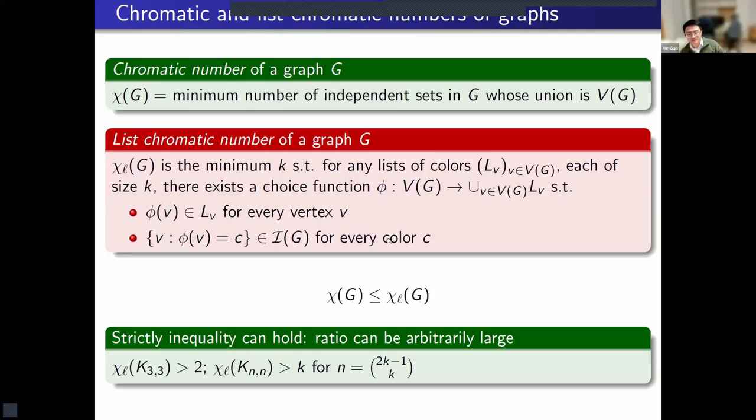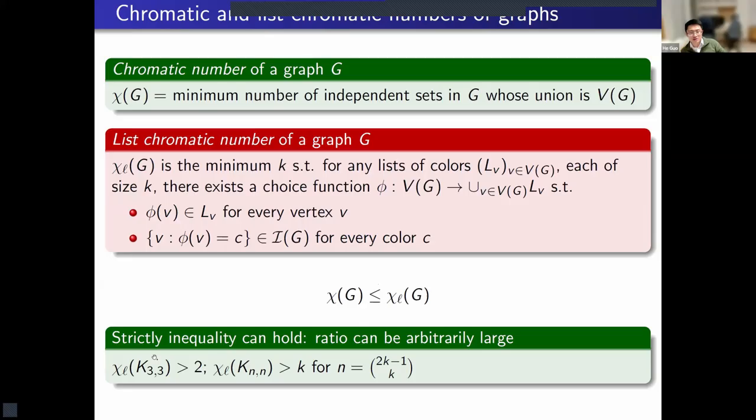So that is the list chromatic number of G. You can see that the chromatic number is just a special case of the list chromatic number, because in the chromatic number, all the lists you assign to different vertices are the same. But for the list chromatic number, those lists can be different for different vertices. So the chromatic number is a trivial lower bound of the list chromatic number.